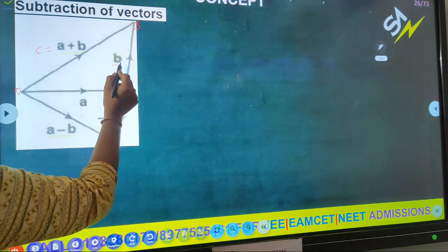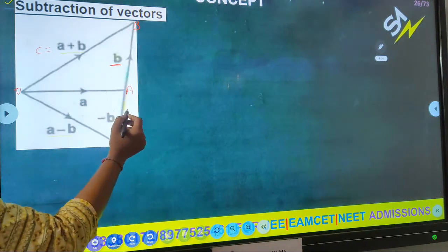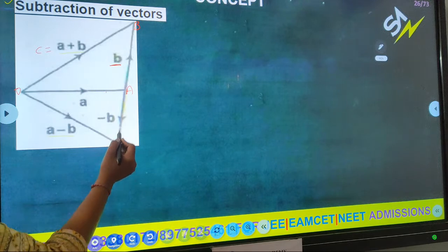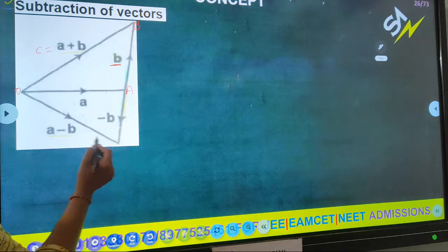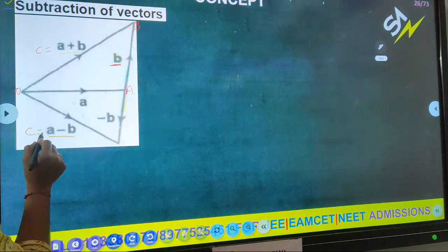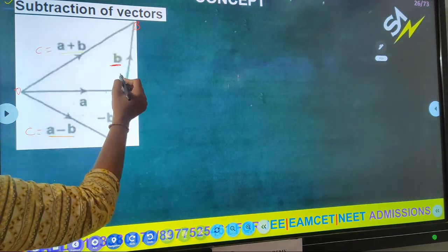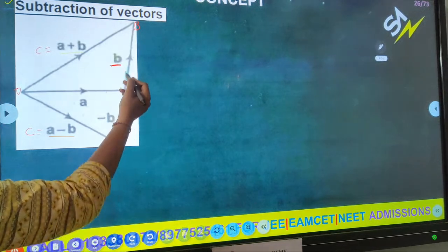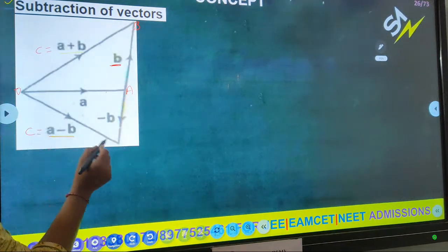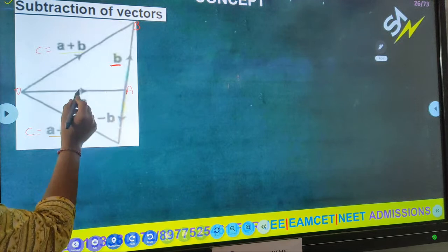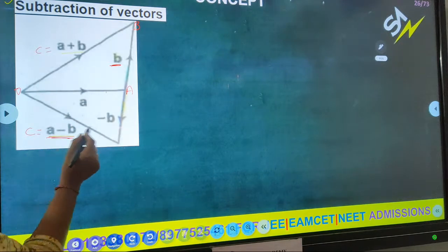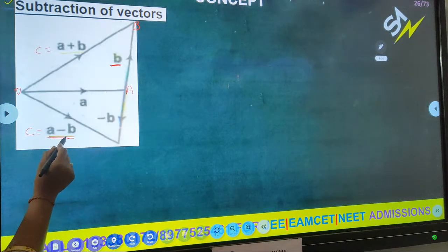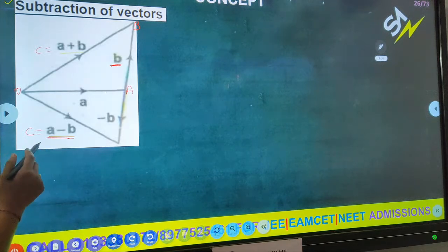And if you take the negative of this vector, negative meaning in the opposite direction, the negative of that vector gives the subtraction of these two vectors. Now B bar's actual direction is up, we are taking the negative direction opposite to that, and the opposite side of these two will be the resultant of these two vectors, which is the subtraction between the vectors. C is equal to A minus B.